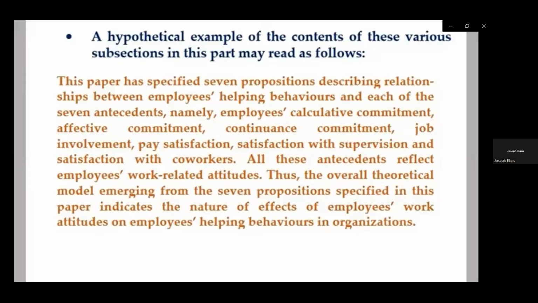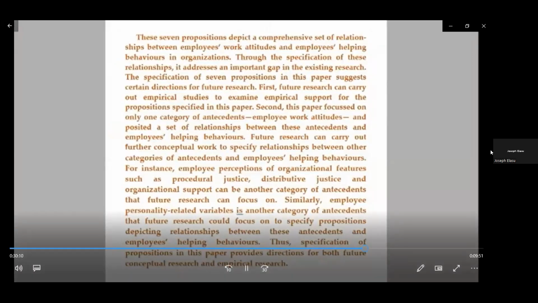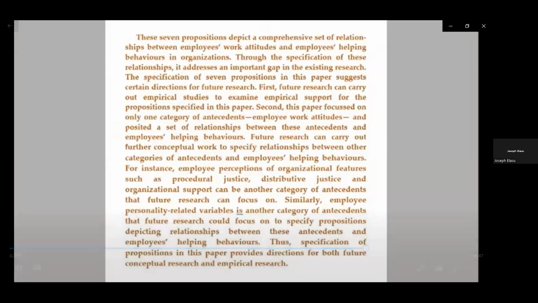Thus, the overall theoretical model emerging from the 7 propositions specified in this paper indicates the nature of effects of employees' work attitudes on employees' helping behaviors in organizations. These 7 propositions depict a comprehensive set of relationships between employees' work attitudes and employees' helping behaviors in organizations. Through the specification of these relationships, it addresses an important gap in existing literature.